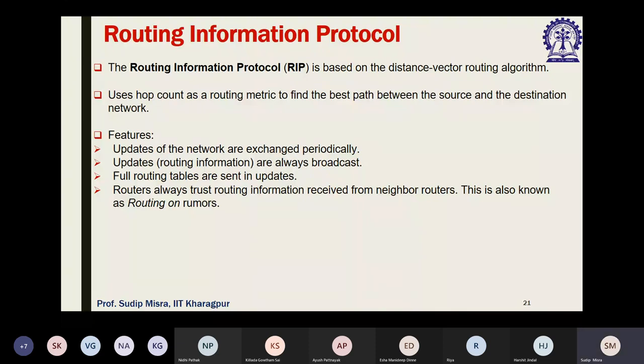Okay, so now we are going to discuss how the RIP protocol updates the routing table.